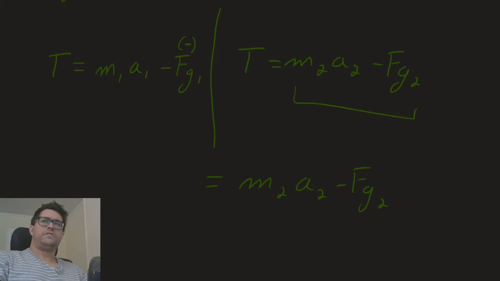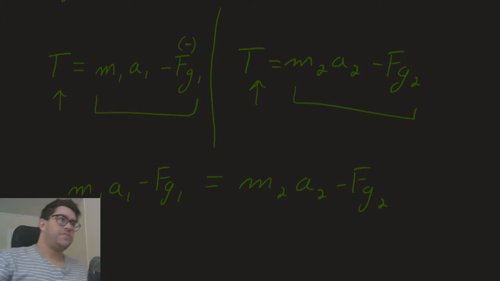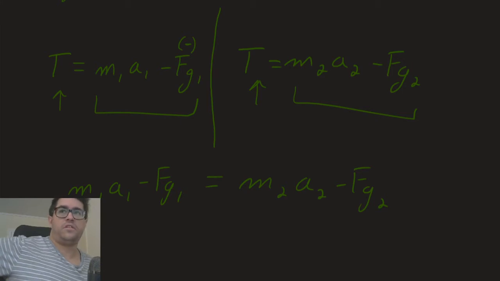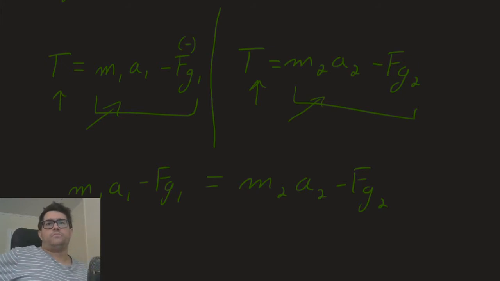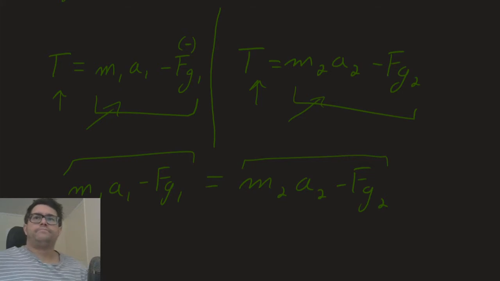What is equal to this? It's this, and this is also here. So we can write M1A1 minus Fg1, because it's the same T, right? We need not to forget that. If it's the same T, it's the same value, it's the same everything. And so how we get there, we can get there from this equation or from this equation, and we just put them both here.